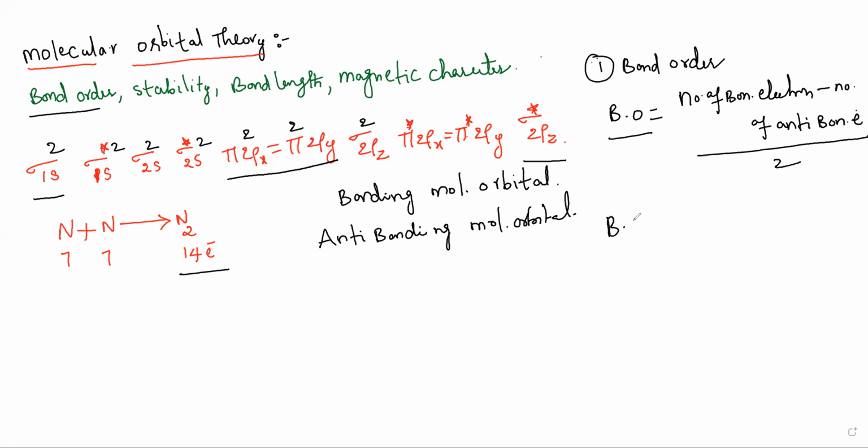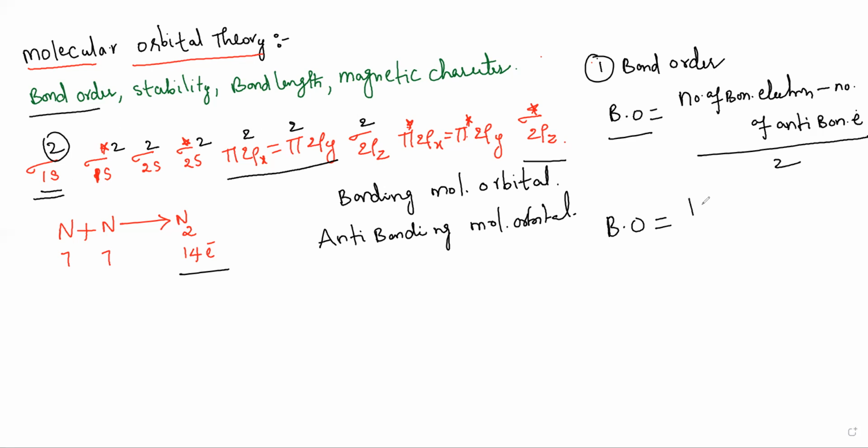I will tell you the same thing again. I already told you the orbital which has a star is called an anti-bonding molecular orbital. Those electrons are called anti-bonding electrons. So these are bonding orbital electrons and these are anti-bonding orbital electrons. We can use those things. Number of bonding electrons, we can count 1, 2, 3, 4, 5.